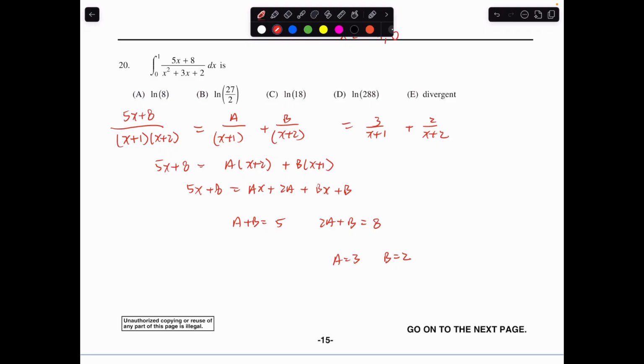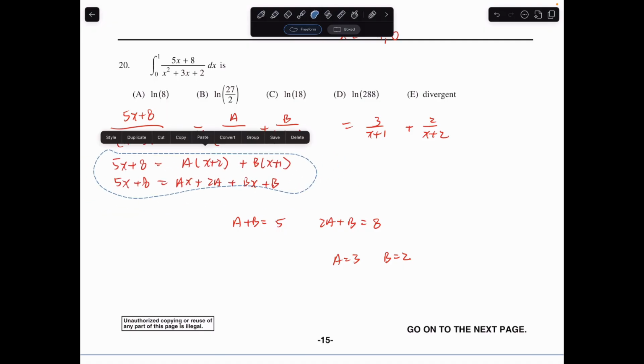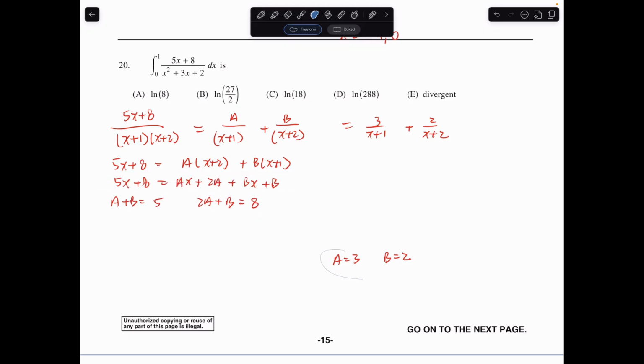So then my integral, I'm taking up so much space. Let me just rearrange this a little bit. Okay, let me do my integral in a different color.